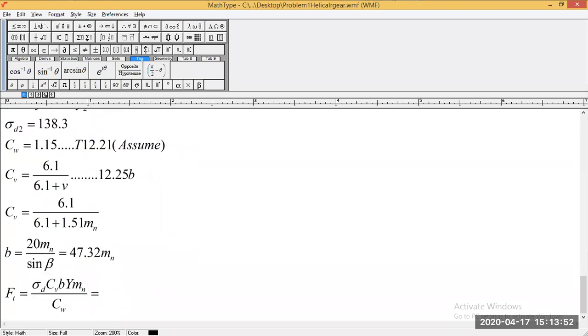So this is equal to, we have sigma d initially. Sigma d is 138.3 into CV, and we need to put this entire thing here.